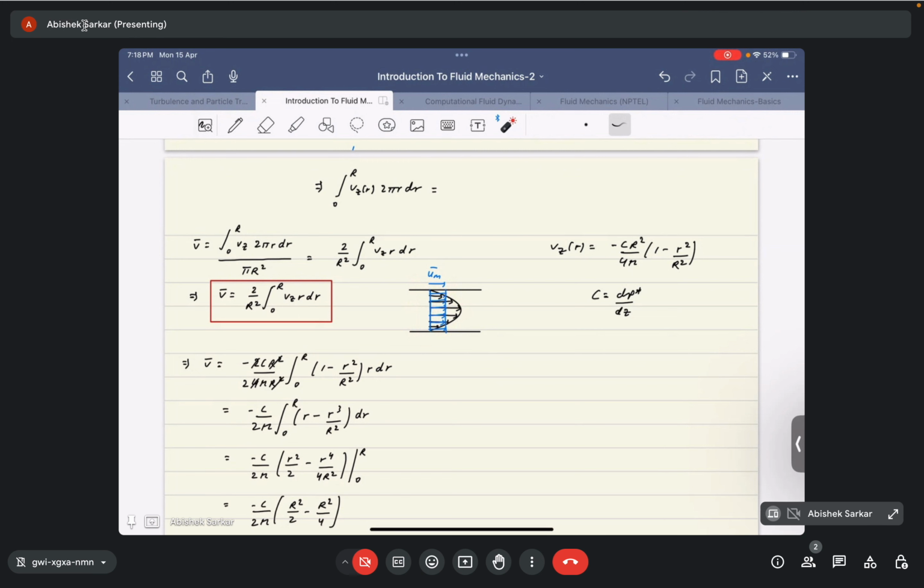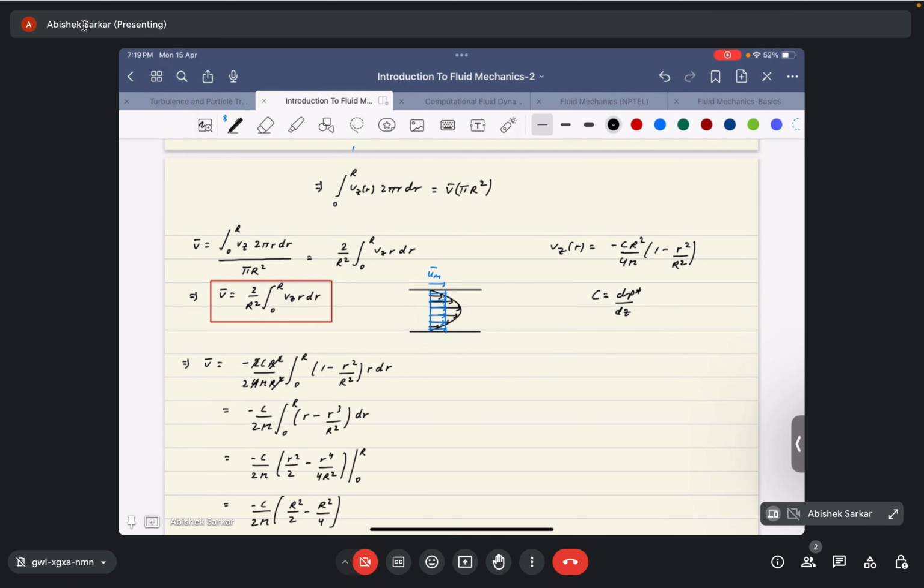So that would be equal to, in the terminology I've used here, v bar into pi R square. Since the radius of the pipe is capital R, the area is pi R square, so v bar into pi R square should be equal to this volume flow rate.